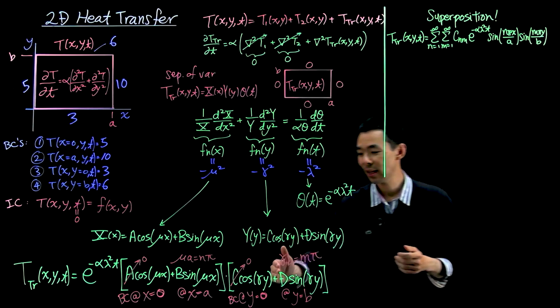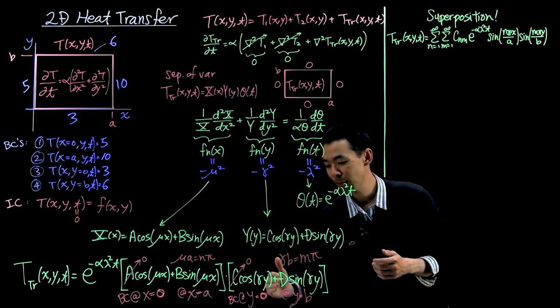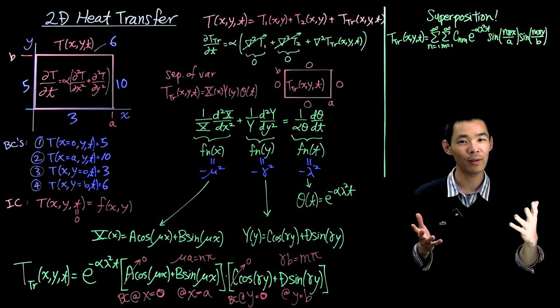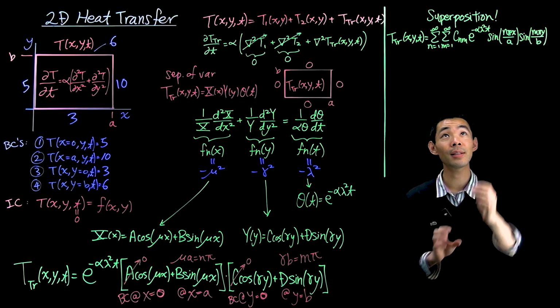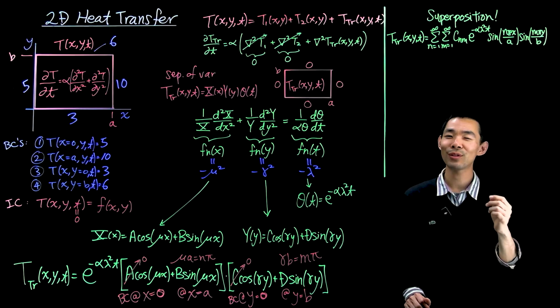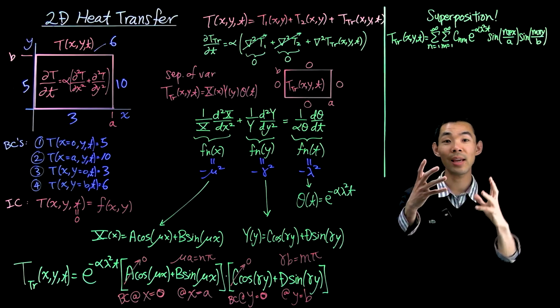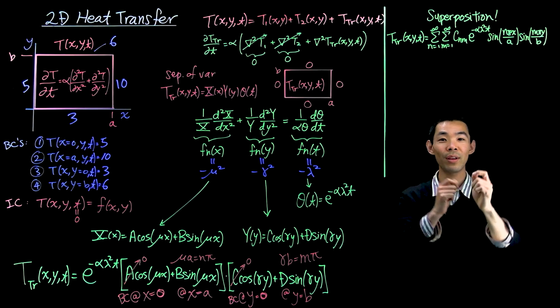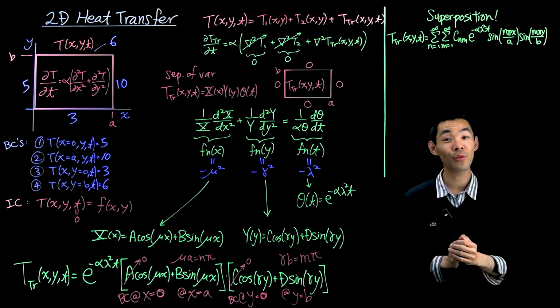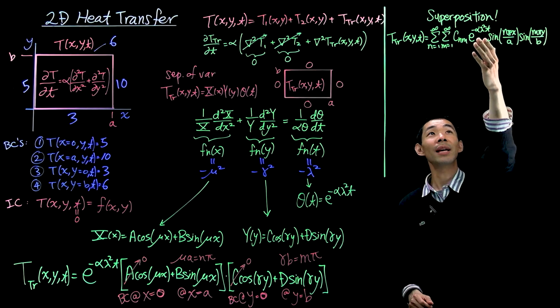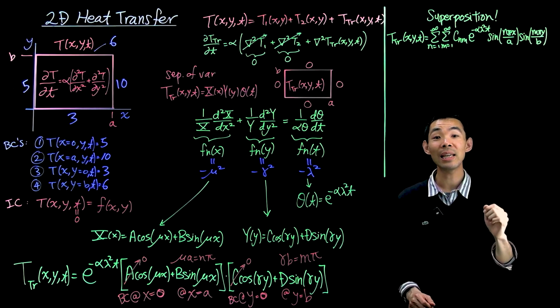Finally, I've taken the constants of integration b and d and combined them into a new constant of integration, the product of those two constants, equal to c sub nm. Now it's two indices because c can take on both fixed values of n and m, with degrees of freedom for both to vary. Lastly, I brought in the exponential, which is negative alpha lambda squared t.